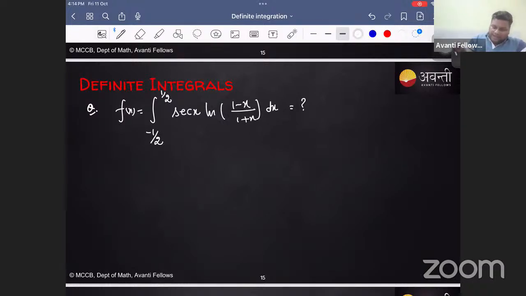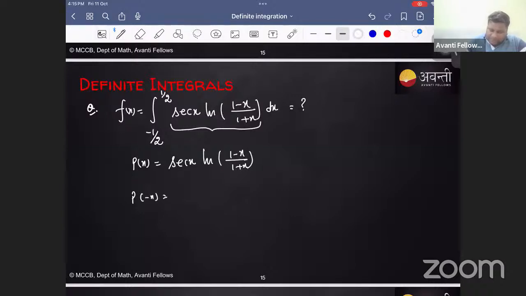Now see, I will start thinking about this. See, limit is from minus 1 by 2 to 1 by 2. So I'm compelled to think that it can be a question of even or odd function. Now, if I take a function px as secant x into ln of 1 minus x upon 1 plus x, what is p of minus x?